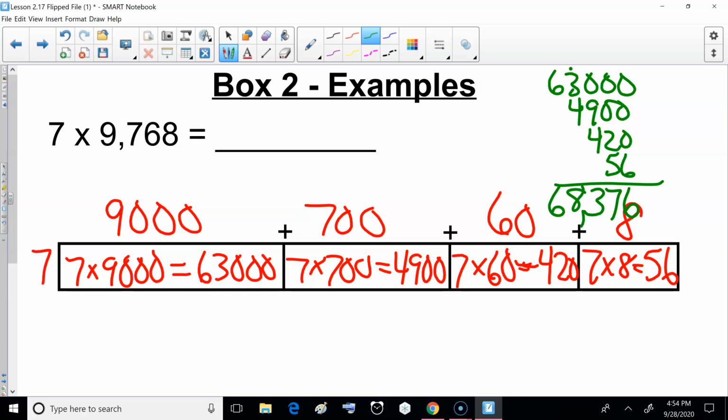So we get an answer of 68,376. So you can pause there right now and write down another good example of how to use the area model to solve a 1 by 4 digit problem. Maybe you even were adventurous and tried to solve it on your own before I did.